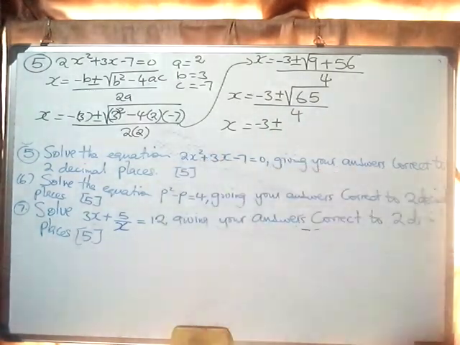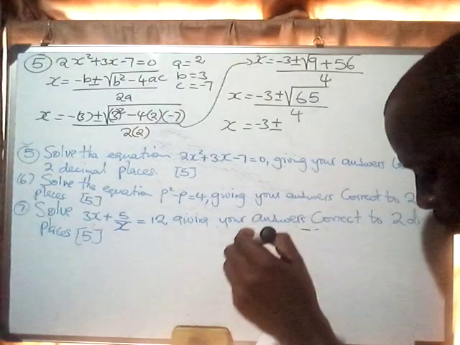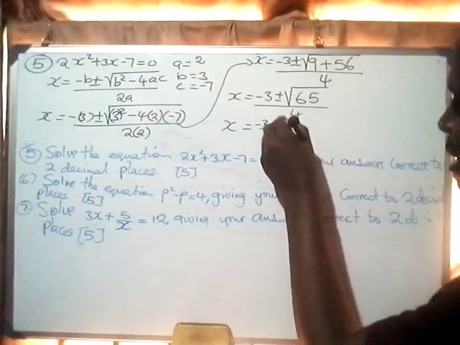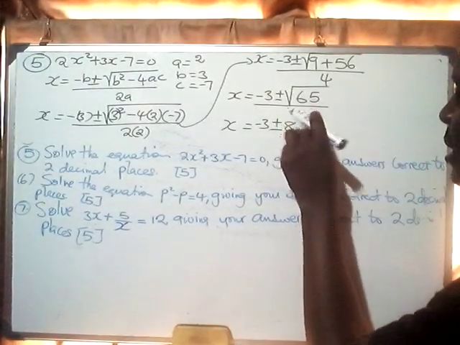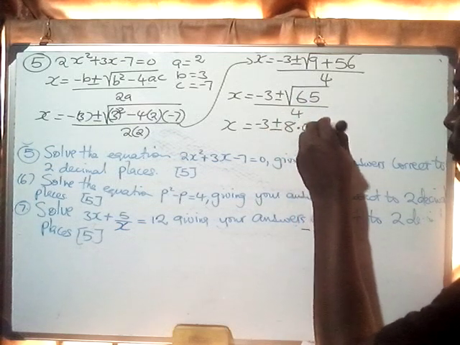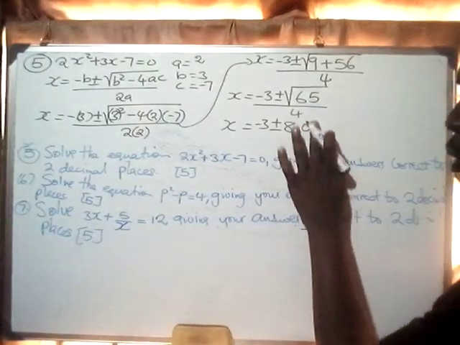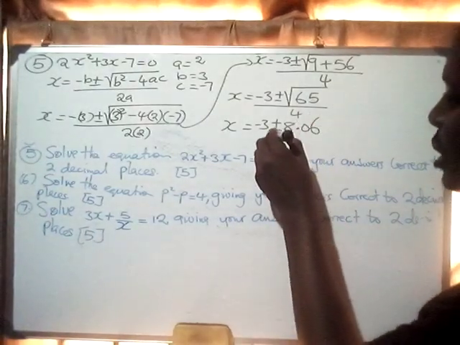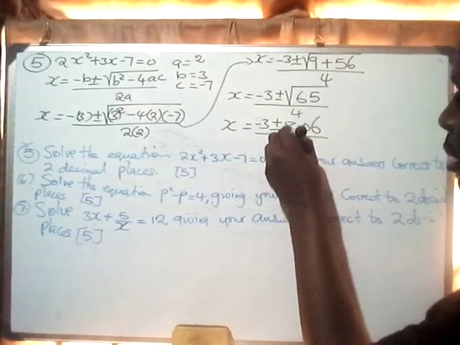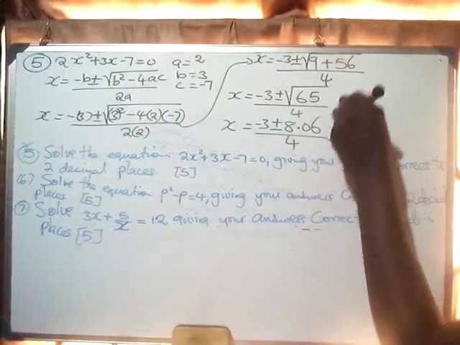Remember, we are leaving our answer to 2 decimal places, so even my answer there, I'll put it to 2 decimal places. The root of 65 is 8.06, then over 4.